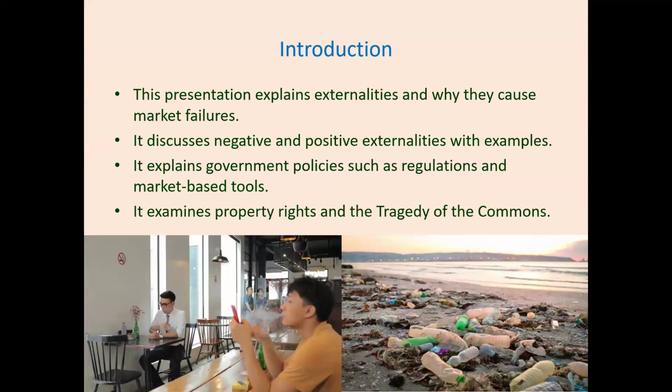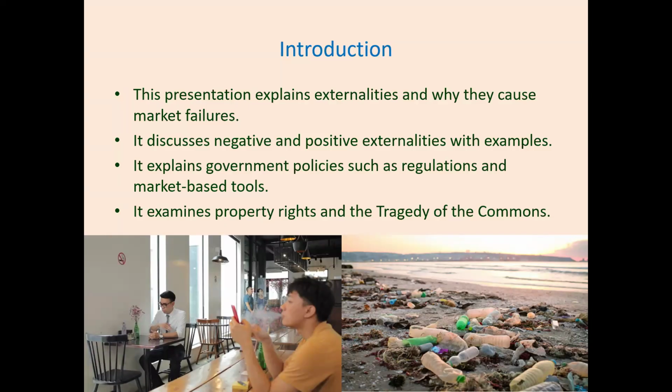In this presentation, we're going to explain what externalities are and why they cause market failure. Externalities cause us to either overproduce if it's a negative externality or underproduce if it's a positive externality. So the market is not producing the ideal amount for society because the externality is not taken into consideration when choosing the market quantity.